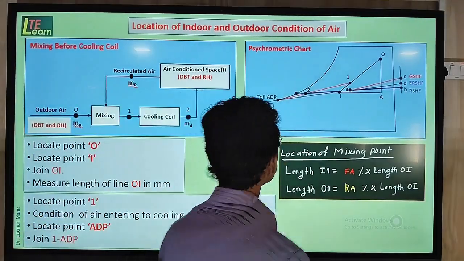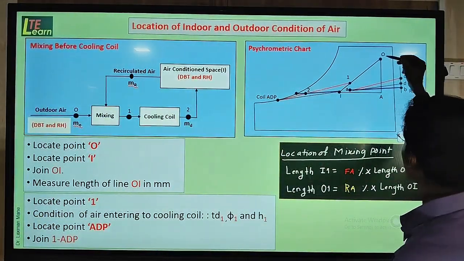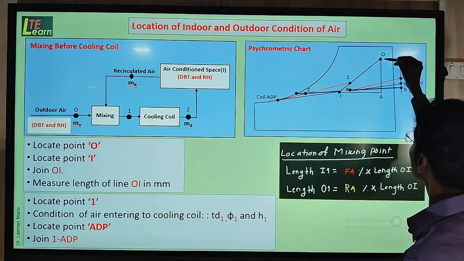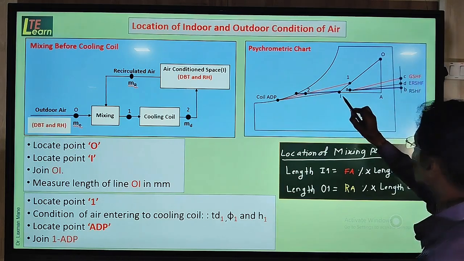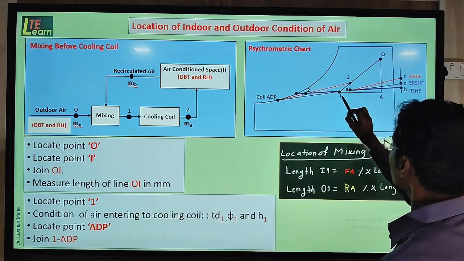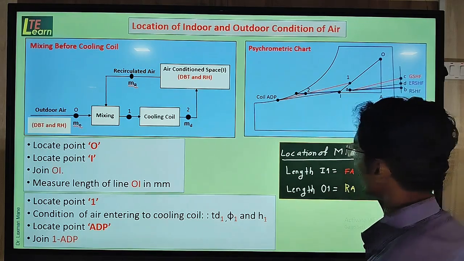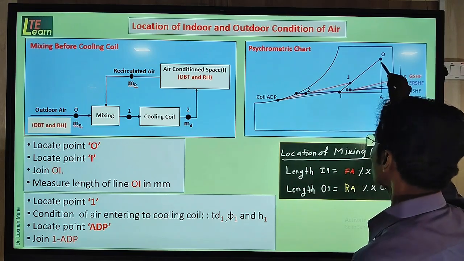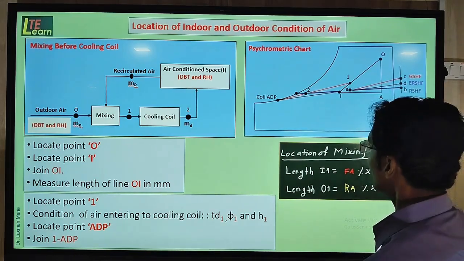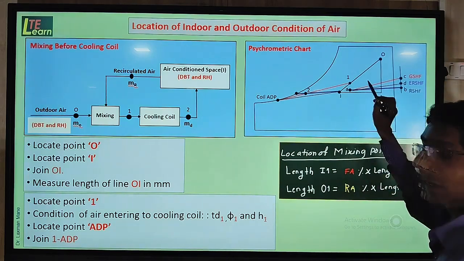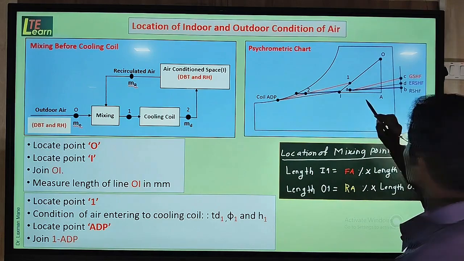So by using the given data here, the condition of fresh air coming from the outside, DBT and RH, by using those values we locate point O. Similarly we locate the indoor condition with point I, then we join this line O to I. Then we have to measure this length OI in mm.